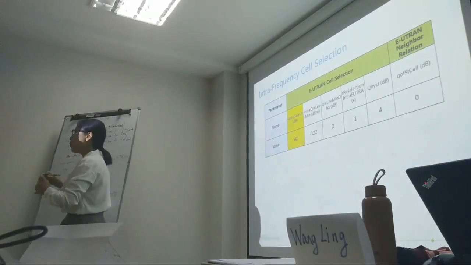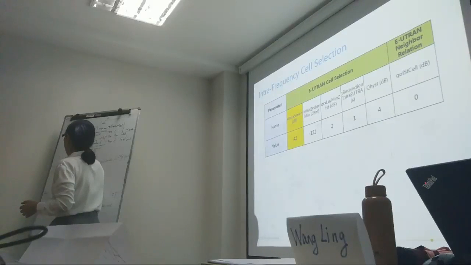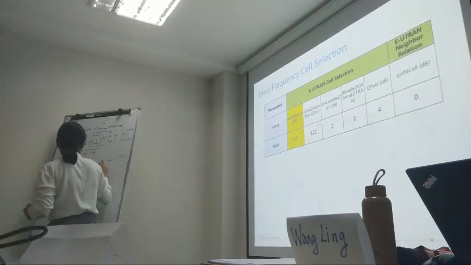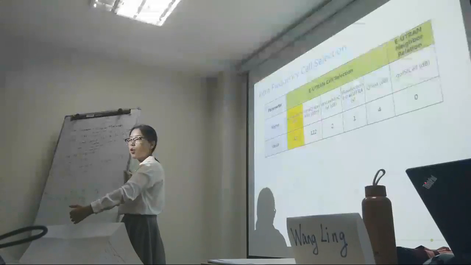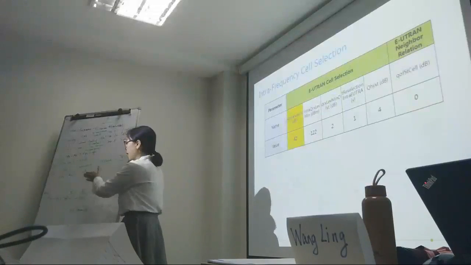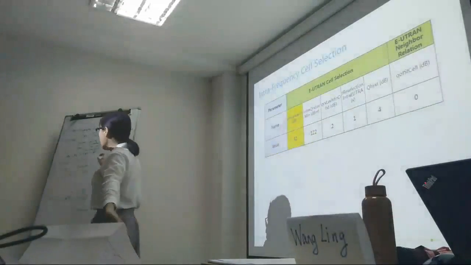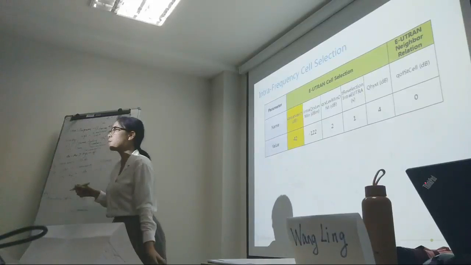Okay, if the neighbor cell is greater than the serving cell by 4 dB and it can keep 1 second, I will reselect. Okay, this is for intra-frequency. Inter-frequency is the same.